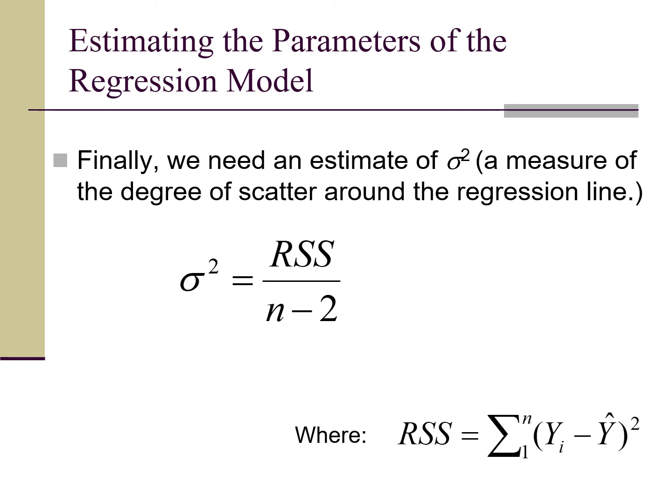That is the observation minus the prediction given the beta 0 and the beta 1 that we had. Okay, that's the residual sum of squares. And we're going to divide that by n minus 2. And that's going to give us a variance. Okay, scatter around the regression line.